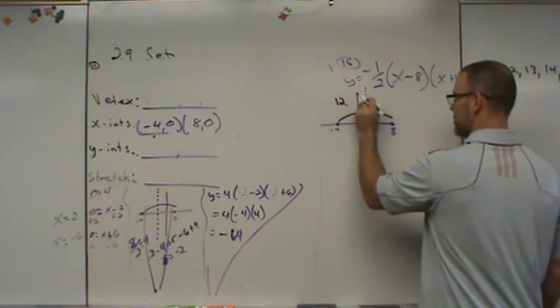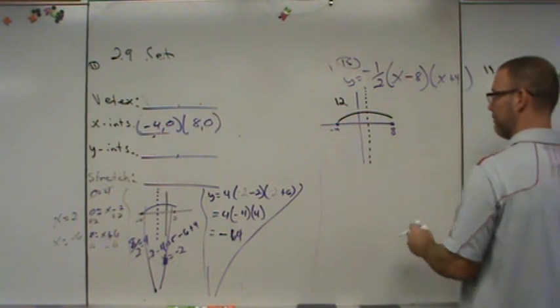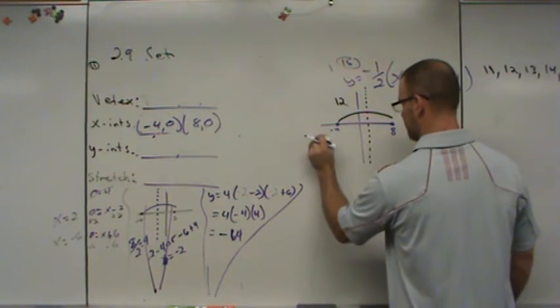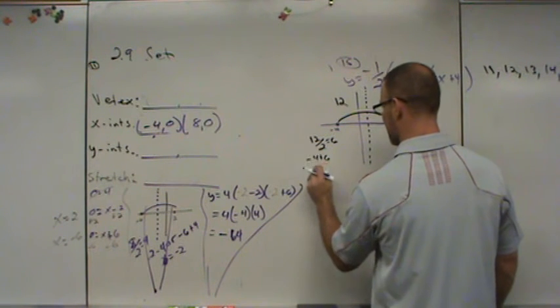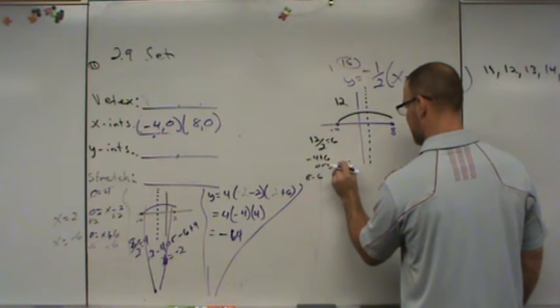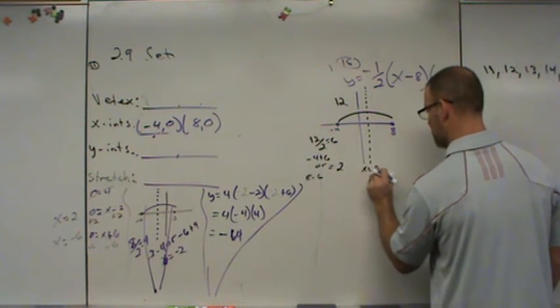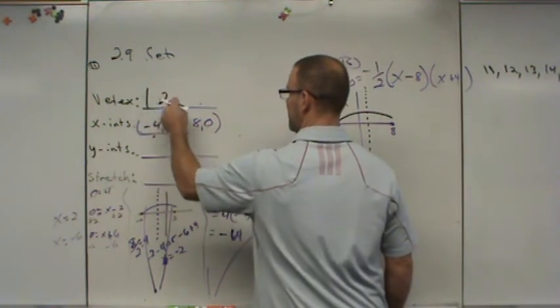That axis of symmetry better be right about here. That looks like it's in the middle. Well, what is that number? 12 divided by 2 is equal to 6. Negative 4 plus 6, or 8 minus 6, either way is positive 2. So x equals positive 2. So the x value of the vertex is positive 2.